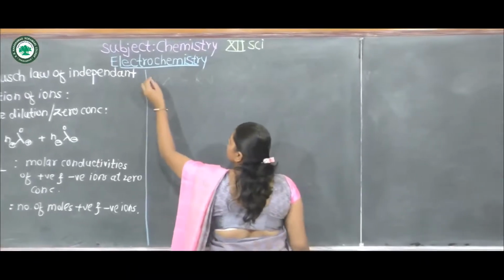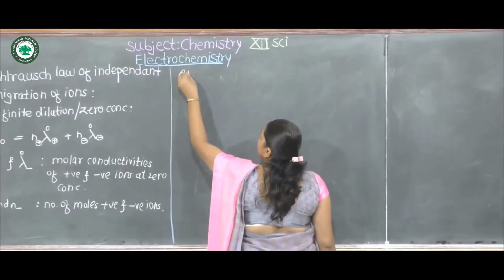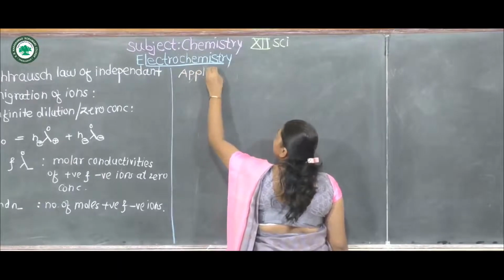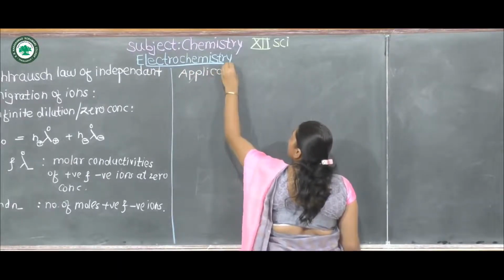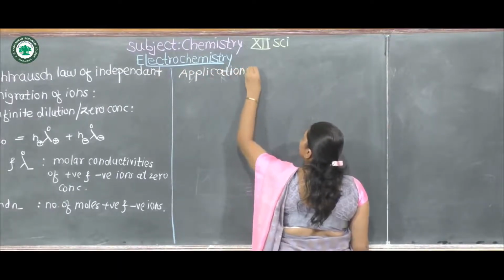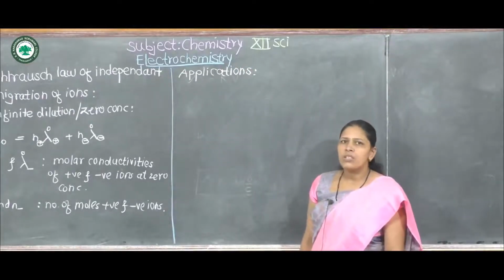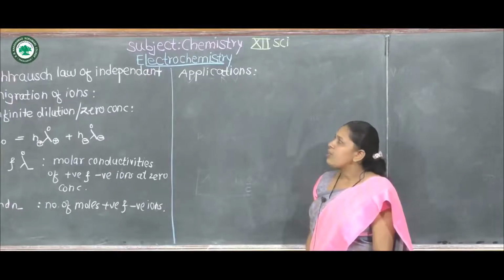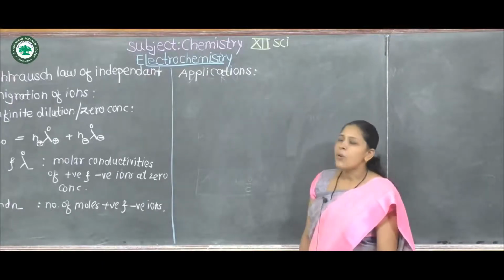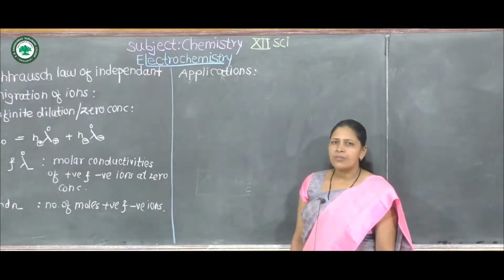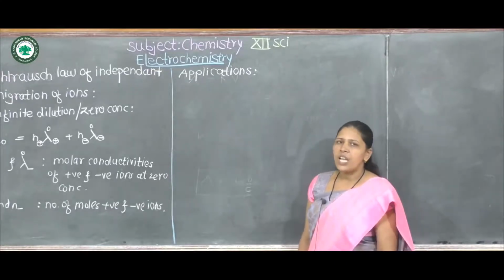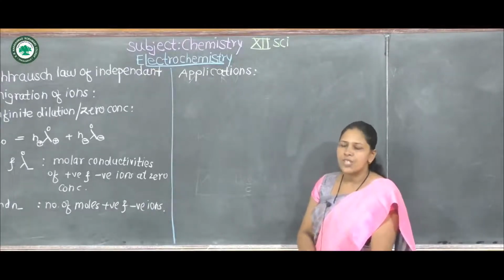Next is the application of Kohlrausch's law. This law is useful in calculating molar conductivities of any electrolyte at zero concentration.